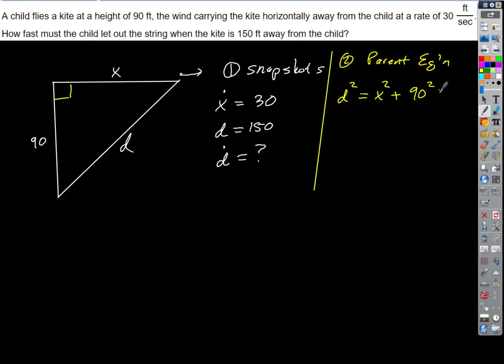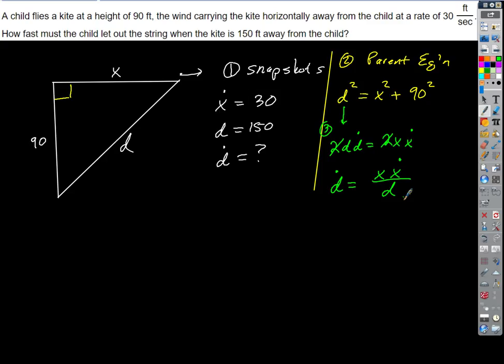And so then if we differentiate implicitly, what do we get? 2d d dot equals 2x x dot, so I can cancel the 2's. And then if I solve for d dot, it's just x dot over d.